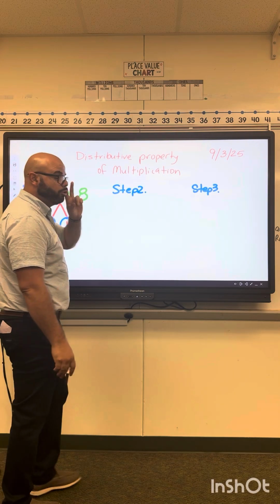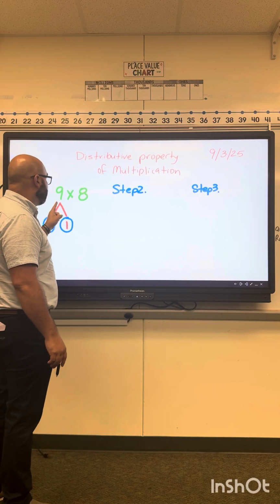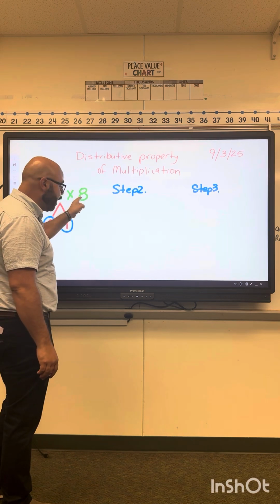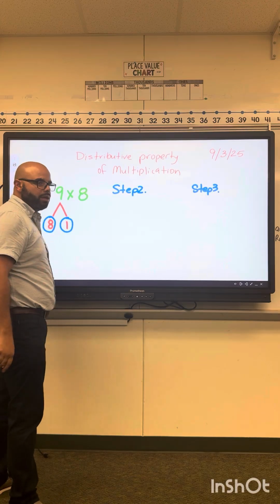So now, step 2. Step 2 is taking the 8 and multiplying it to the 8, and taking the 1 and multiplying it to the 8. So the 8 here and the 1 here have to take a turn with the 8 to multiply.